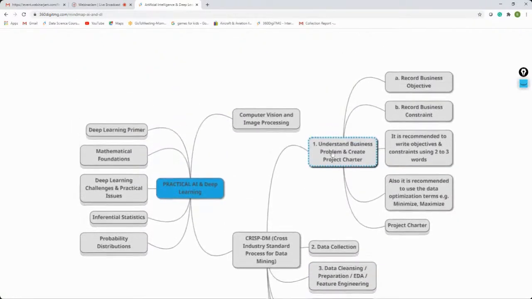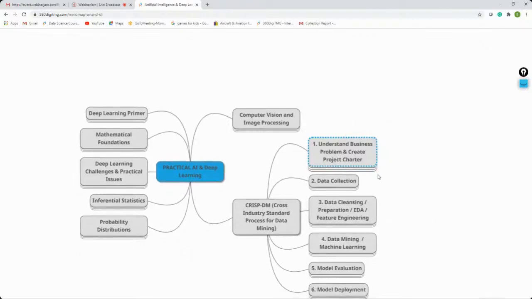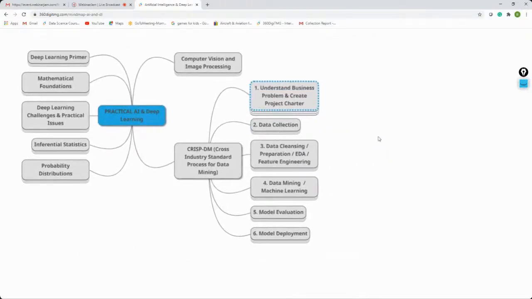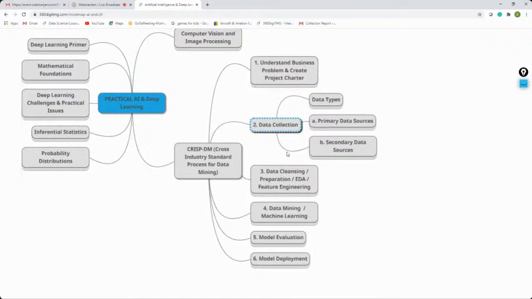Once you understand the business problem, we record the business objectives and business constraints. Post that, you are supposed to create a project charter, which is the first document created on any project. Once you are done with that, you proceed further with data collection.